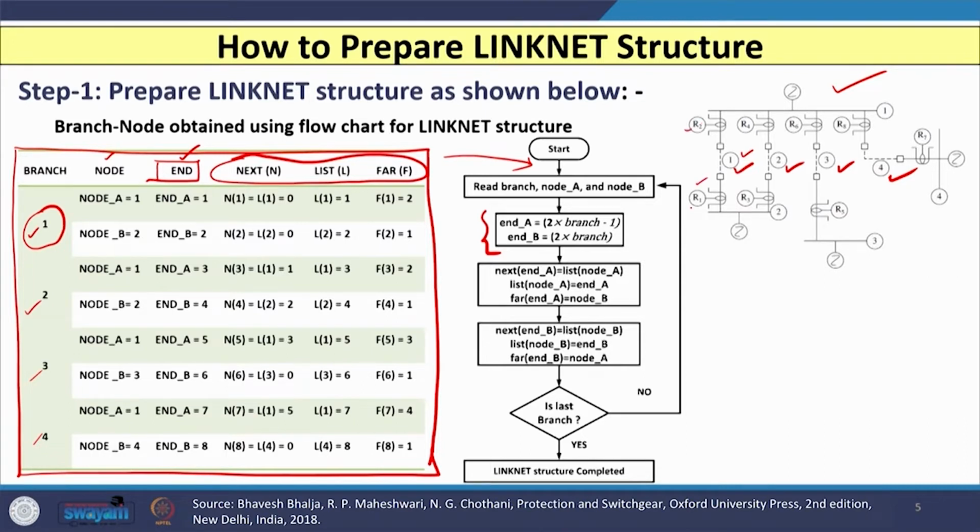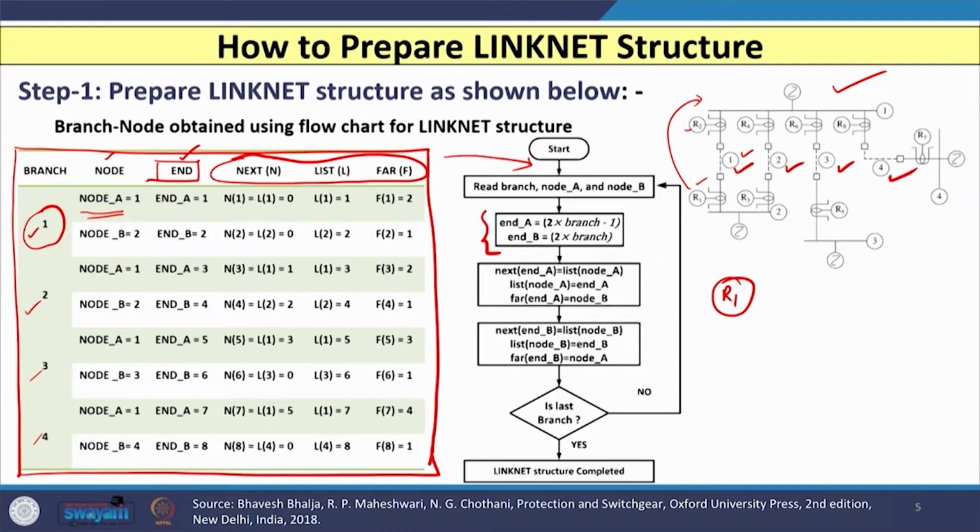The lowest relay in this branch is relay R1. Opposite of that, bus 1, I have to consider as node A, equal to 1, because node A is connected with bus 1. So, node A I will keep as bus 1 and node B I will keep as bus 2.